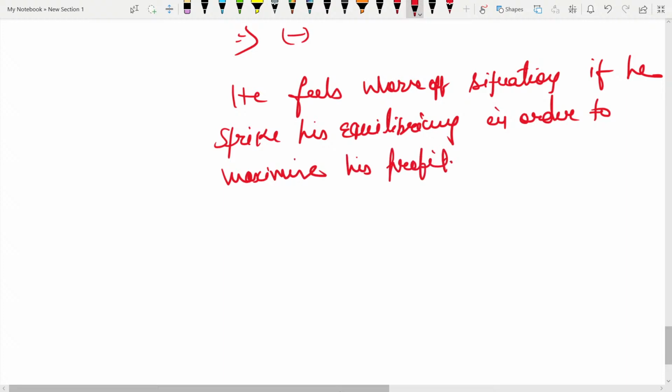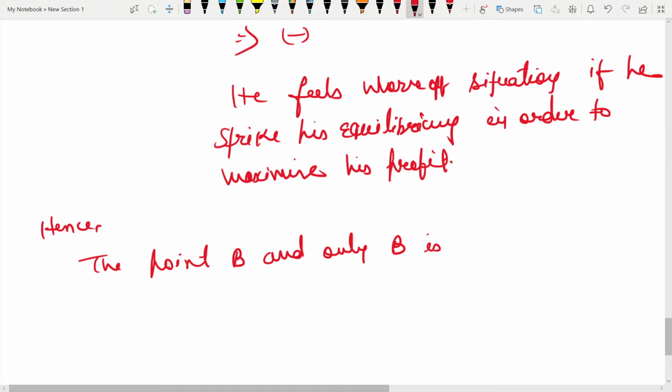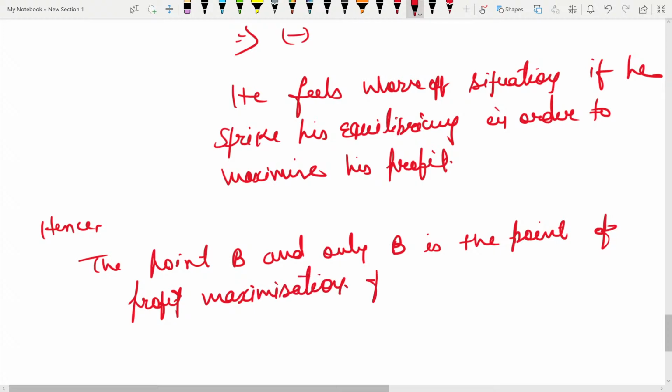Therefore we can say the point B, and only B, is the point of profit maximization for the producer, right? So this is all about the conditions of producer's equilibrium.